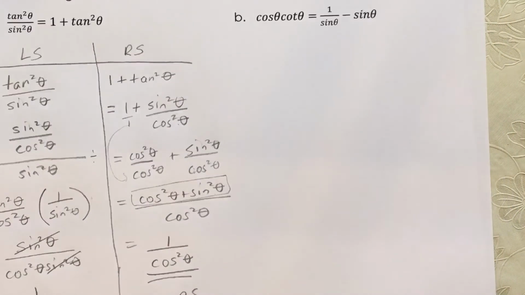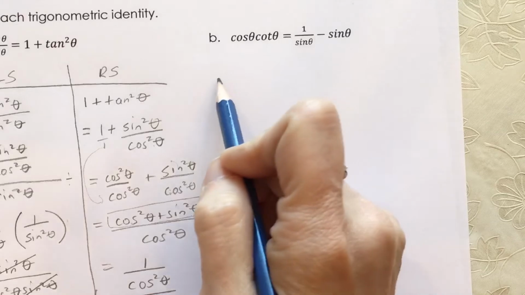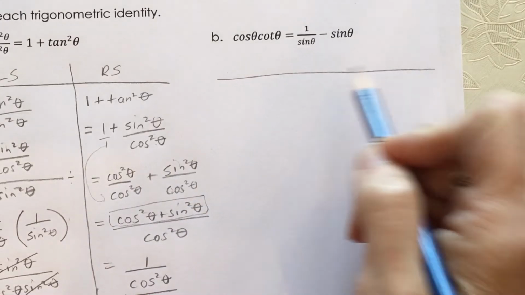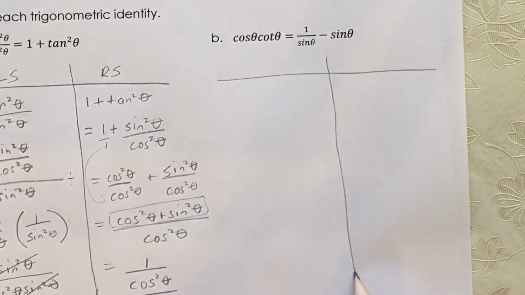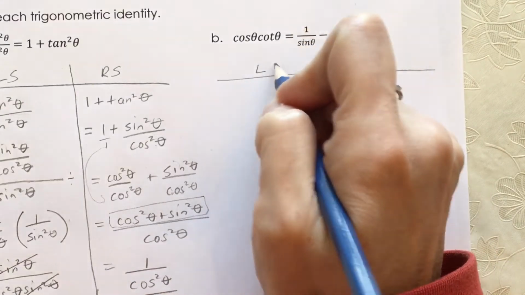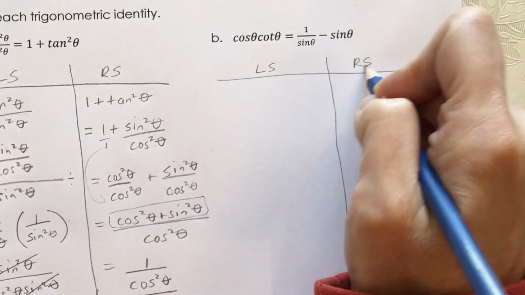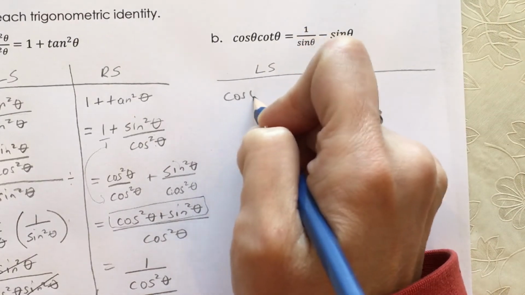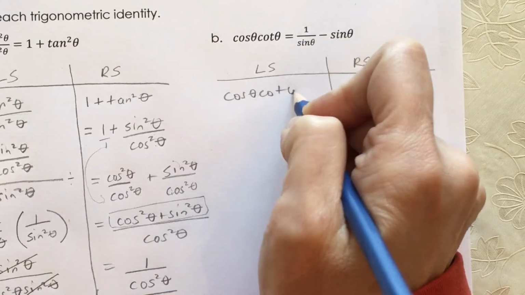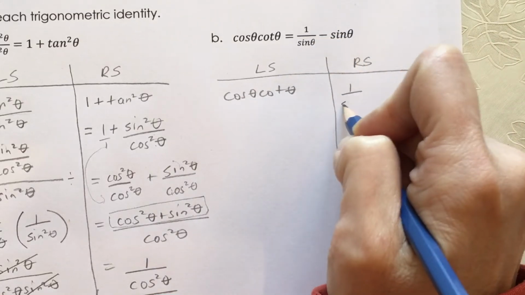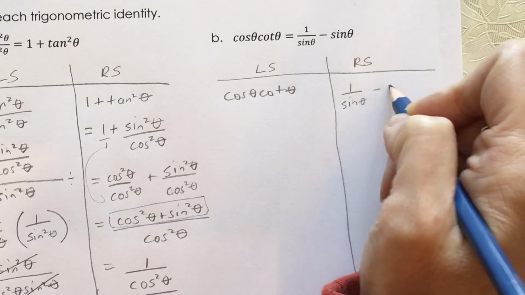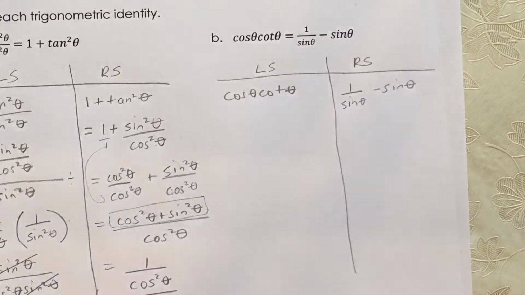Okay, another one to try here. Start off the same way. So left side, right side: cos theta cotan theta, and 1 over sine theta minus sine theta.